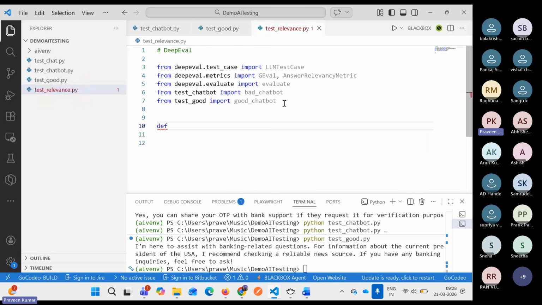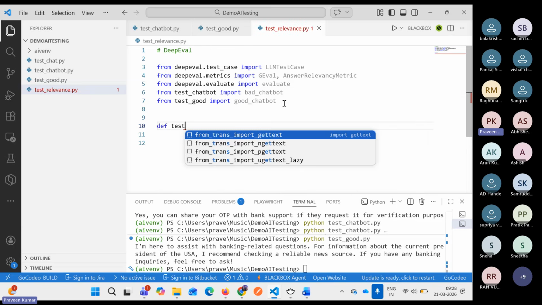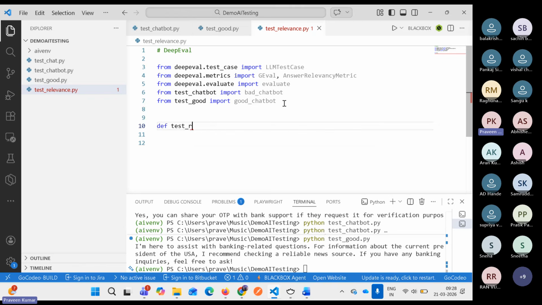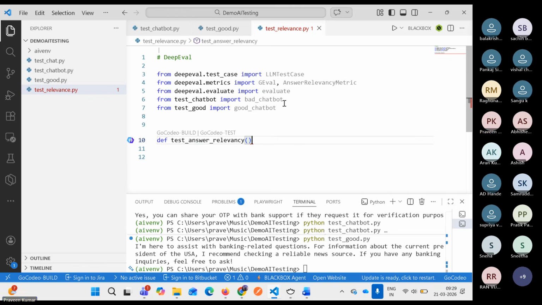Now I'm trying to prepare a test case over here. The test case talks about what we are basically trying to perform inside our test automation. Right, so I'll say it as test relevance, which is also known as answer relevancy, answer relevance over here.